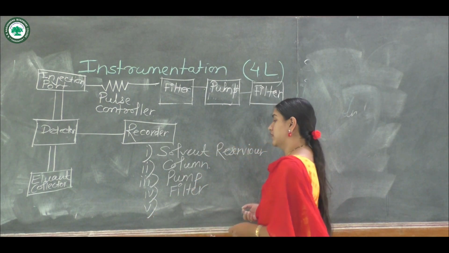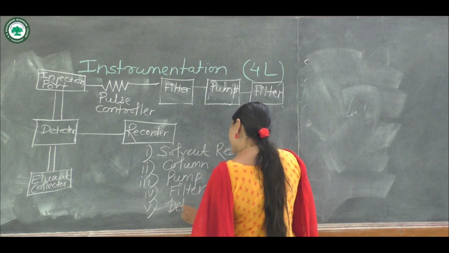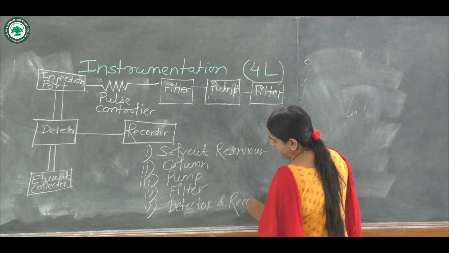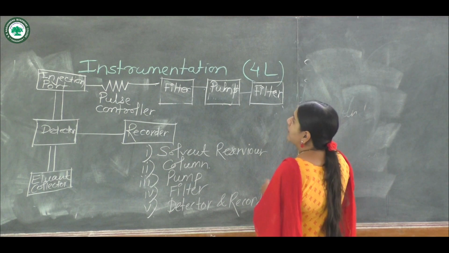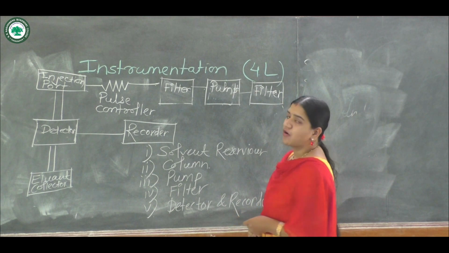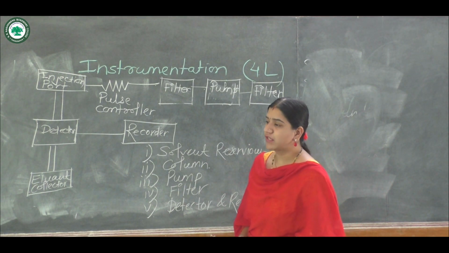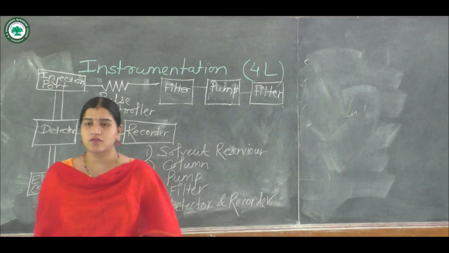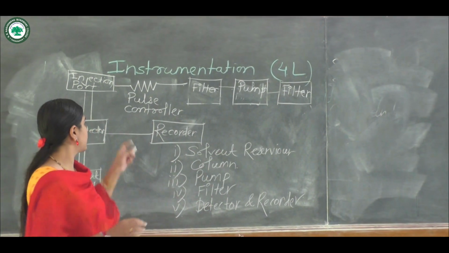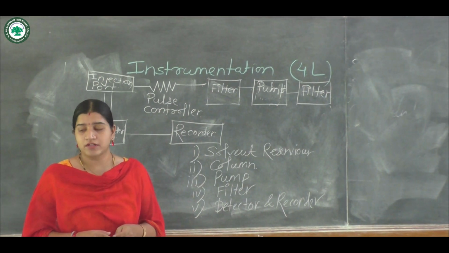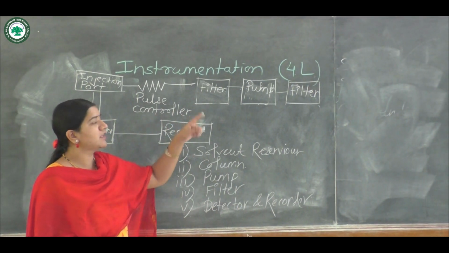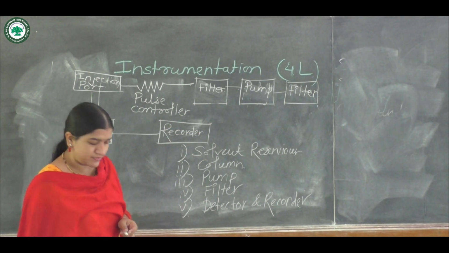After the filter, the next is the detector and a recorder. So this is just the schematic representation, the figure for HPLC instrumentation. This one is the pulse controller in order to control the flow, and finally after the filter, the solvent reservoir is there.